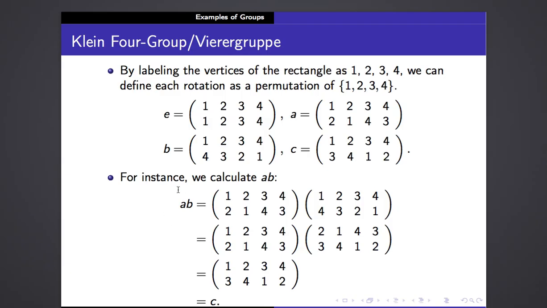So I'd like to show you how, earlier, when we defined the Klein-4 group, we used the geometry, right, in terms of rotations. But by labeling the vertices of the rectangle as 1, 2, 3, 4, we represent each member in terms of permutations.